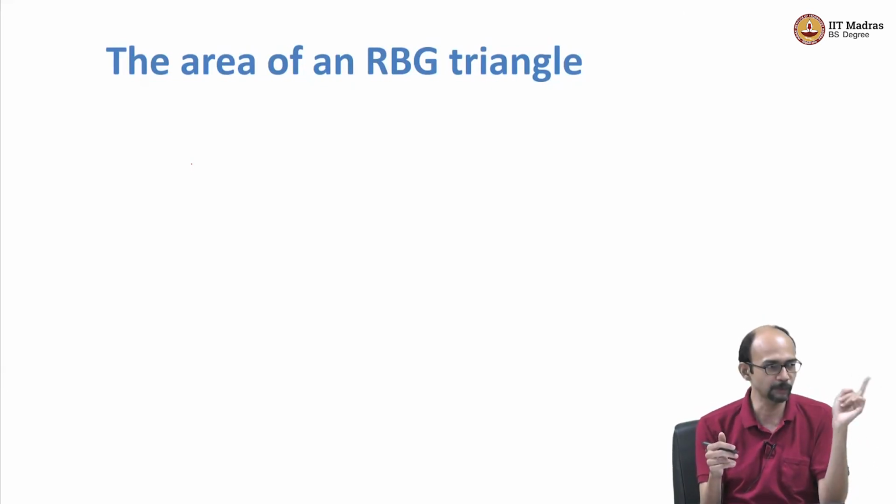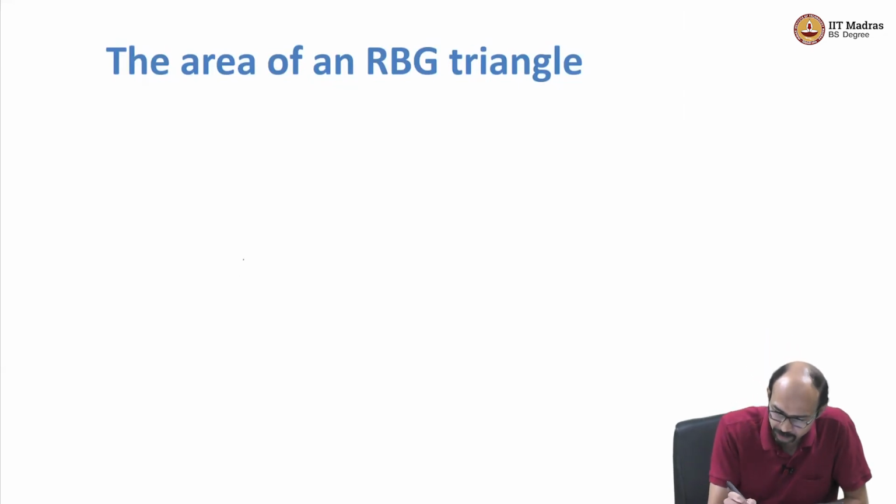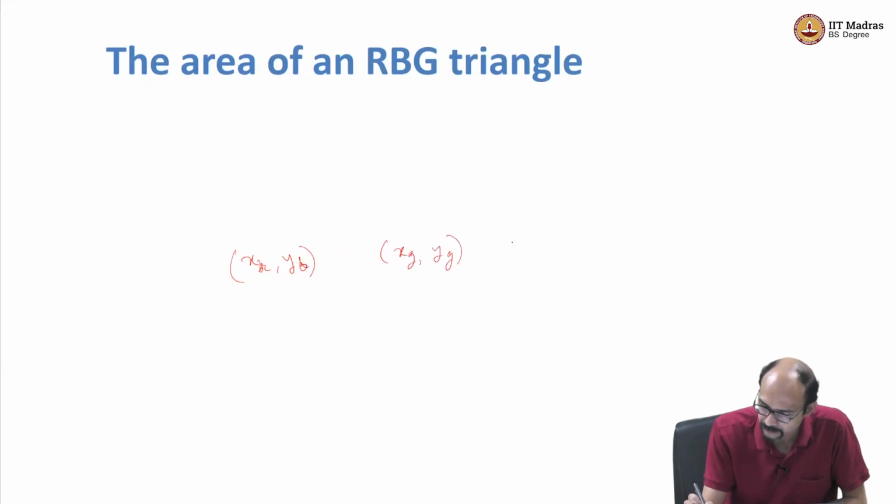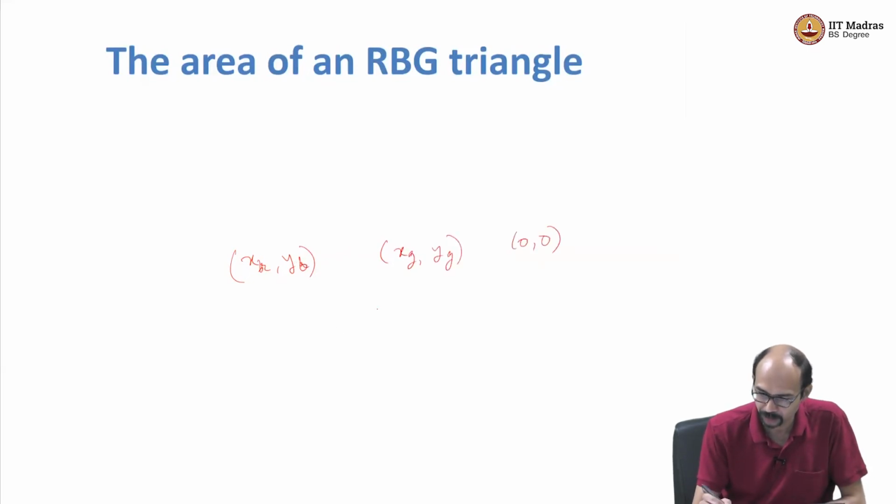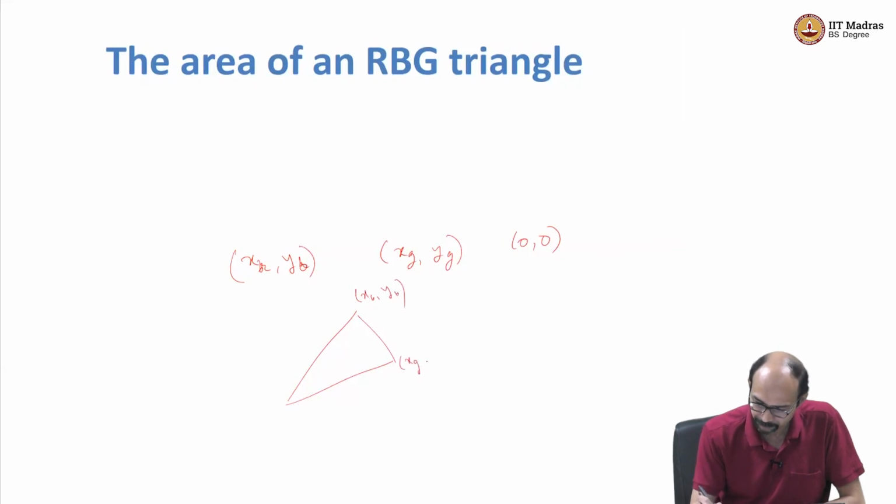For this you have to use the ultrametric statement. And then eventually what you will have is xb, yb, which is the blue one, xg, yg, which is the green one, and 0, 0. This is how your triangle is going to look like. Yeah, it may be something like this. So this is maybe xb, yb, this is xg, yg.